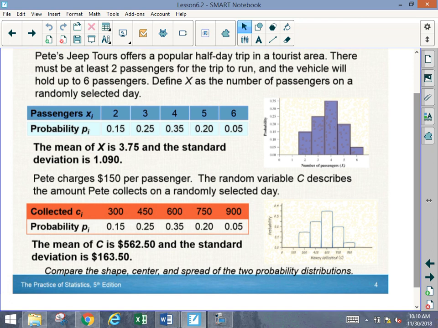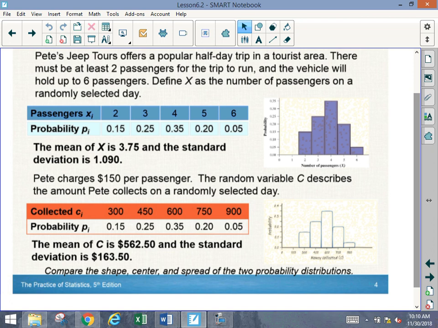So if you were to calculate the mean of this, you would come out to 3.75, right? And in order to calculate the mean, we learned in 3.1 that what we're doing is we're multiplying our random variable x times the probability of that random variable occurring. So the way that 3.75 was obtained was by adding 2 times 0.15 plus 3 times 0.25 plus 4 times 0.35 and so on.